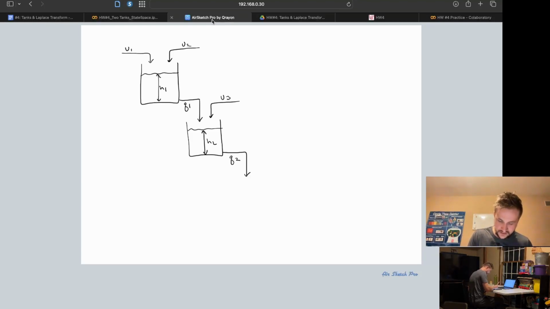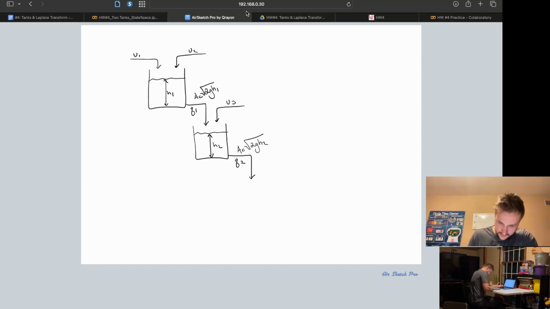Now, these are going to be equal to the cross-sectional area times the square root of 2g h1, and this one is going to be the square root of 2g h2.